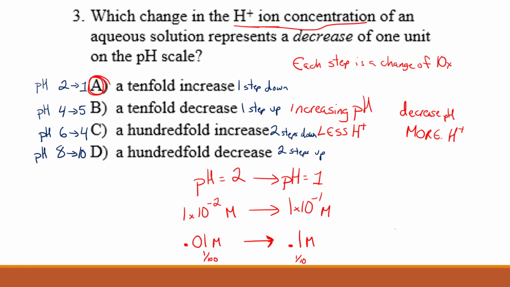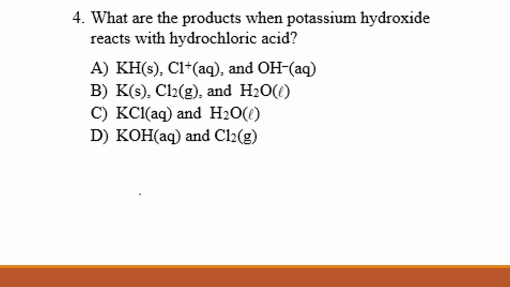All right, I'm gonna do one more practice problem with you before I transition us over to tutoring and office hours. Here we have a question that says, what are the products when potassium hydroxide reacts with hydrochloric acid? Here we have a substance and an acid, right?